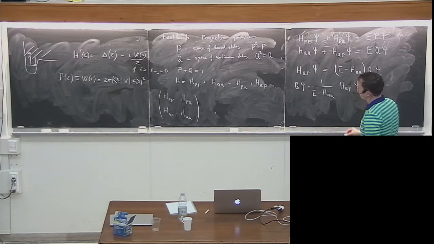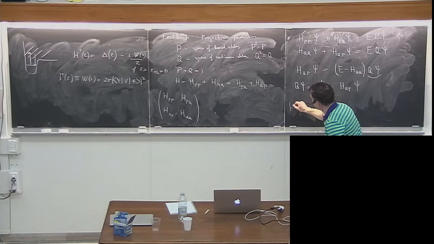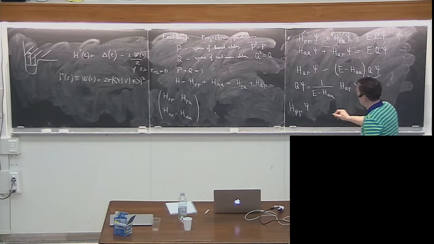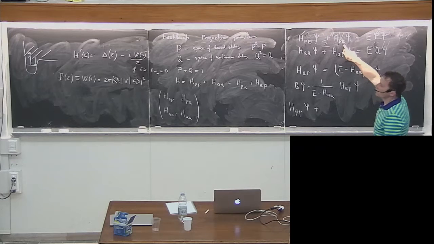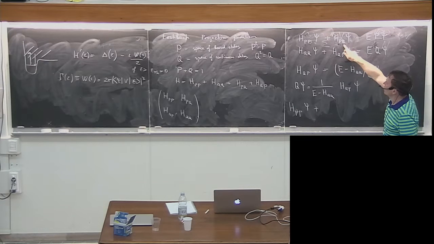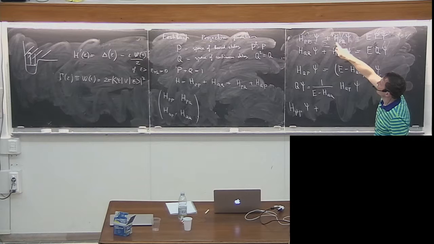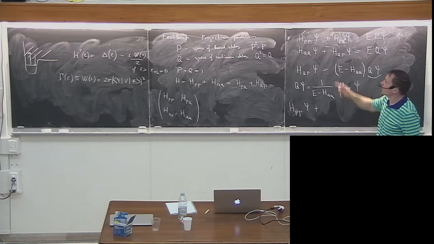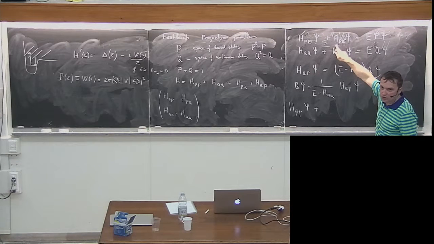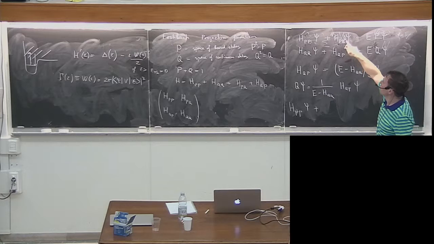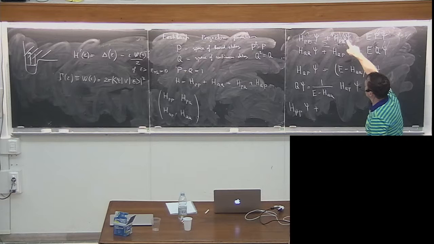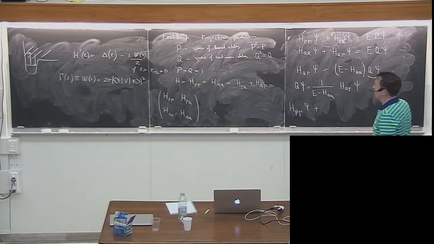Now I'm going to take the first equation and write it in the following way: H_PP acting on my wave function psi, plus, in this term, I'm going to replace H_PQ. Of course, I'm free to put Q in here because this takes me from Q space and puts it in P space, so it only works on the Q part. Putting another Q is not going to change anything, right? And instead of this Q psi, I'm going to put this function.